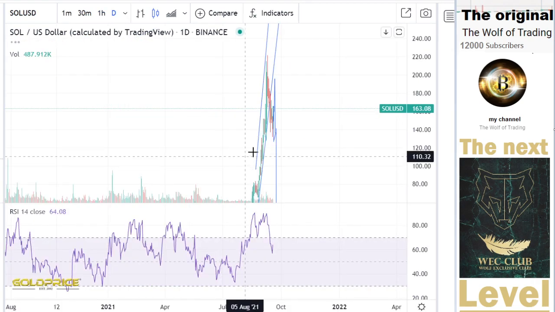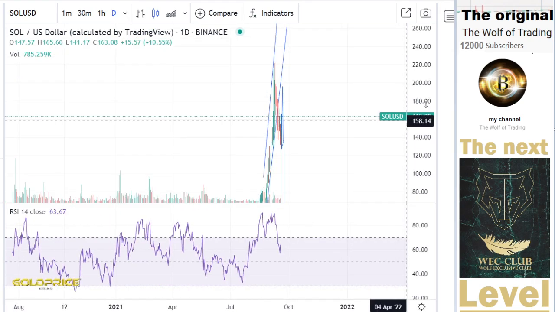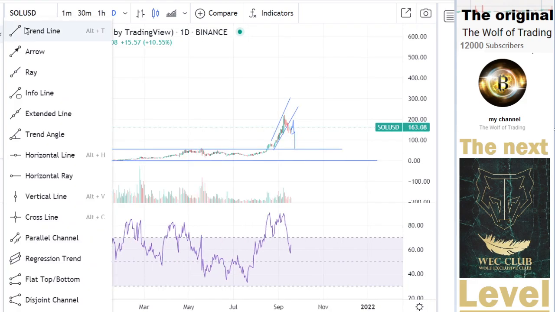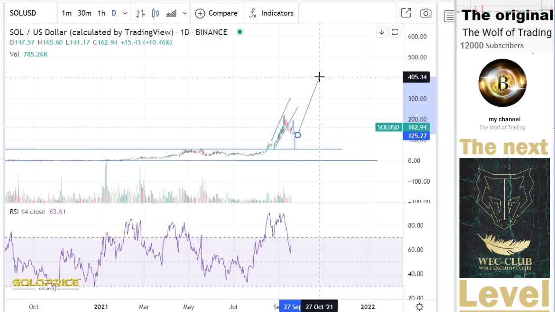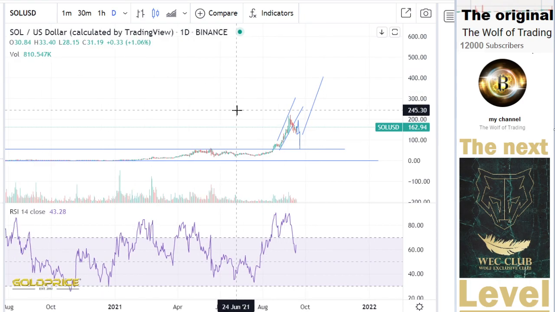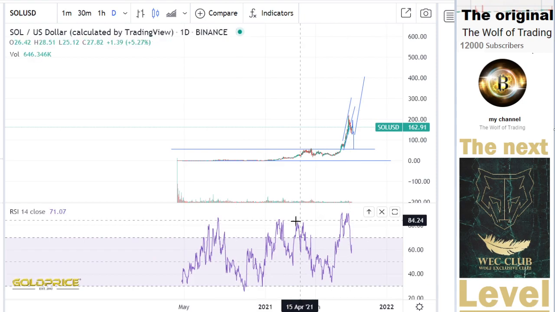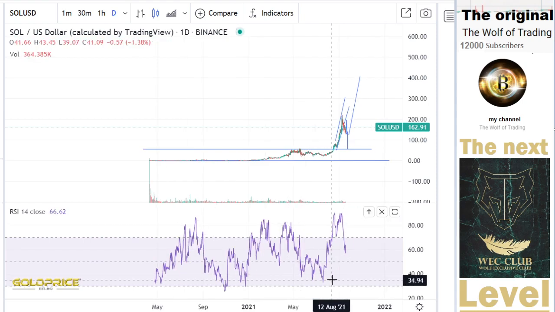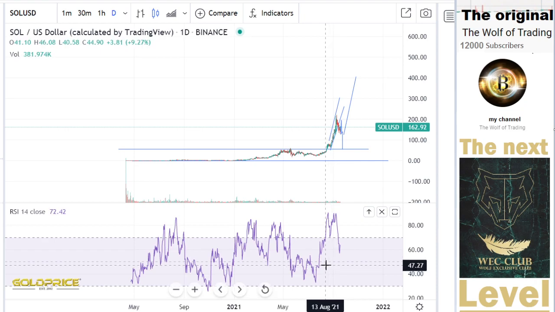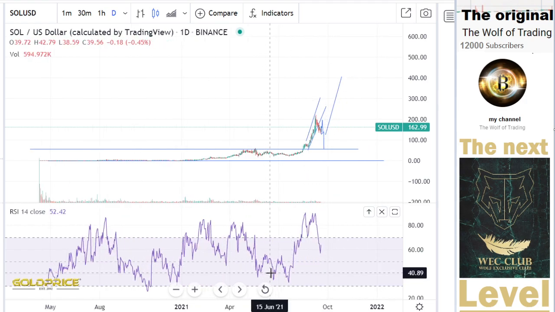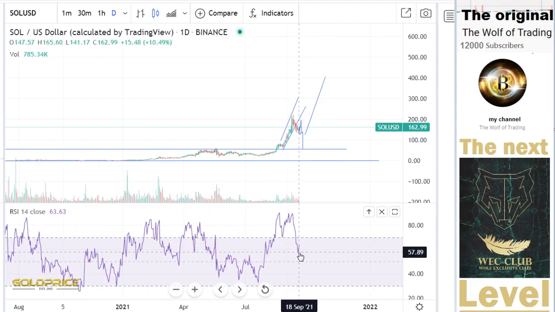The Moon Boys, I don't know what they predict. Maybe they predict 500, or 400. In my eyes, this is not possible, because if you understand the structure, then you will recognize that we have a highly dangerous construct. So I don't think that we have the possibility to go to the top side.